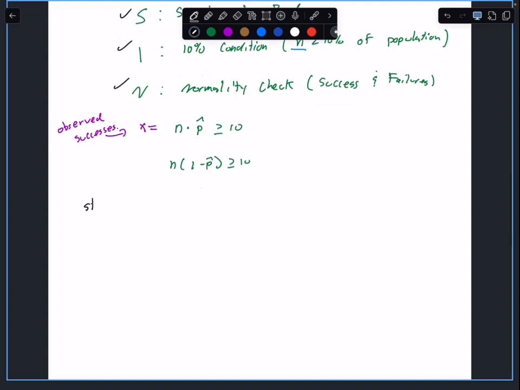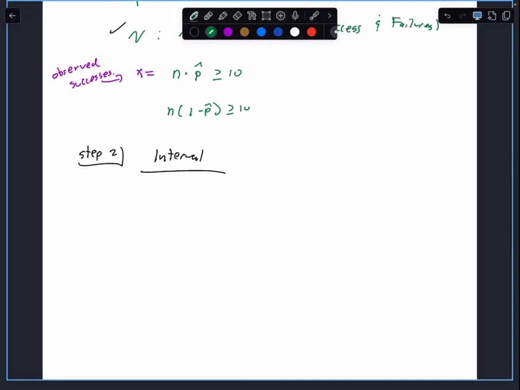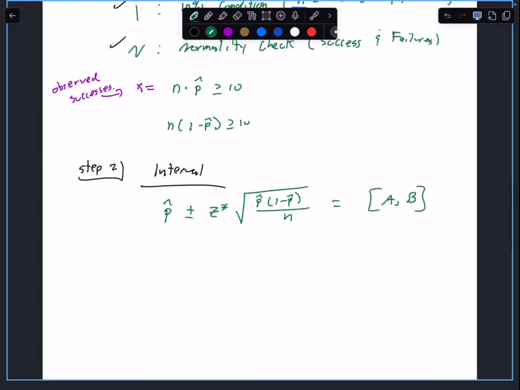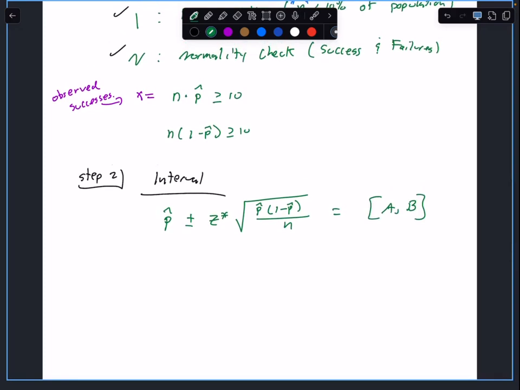Okay, if we get a check on all those, that means the sampling distribution is approximately normal, and we can move on to step 2, which is finding the interval. Now, we're just going to plug into the formula: P hat plus or minus Z star times the square root of P hat times 1 minus P hat over N. And this is going to give me some interval A to B. Now, in the Desmos work, I'm going to ask you some additional things.